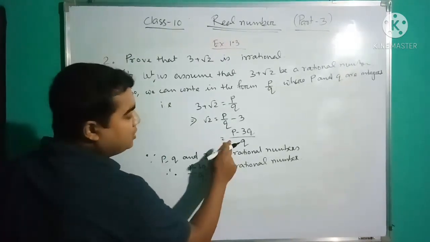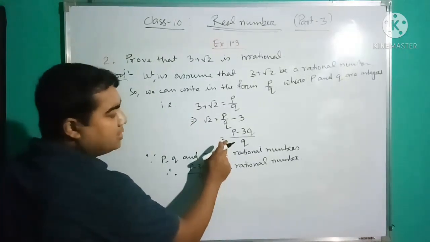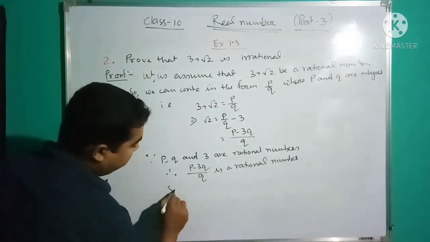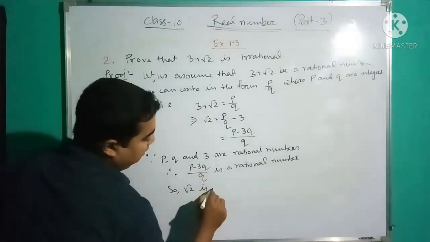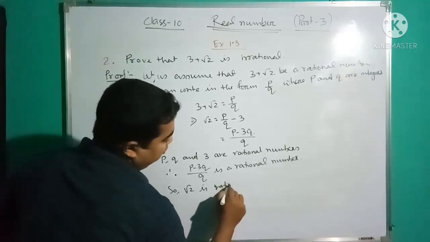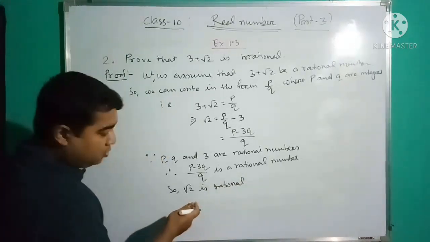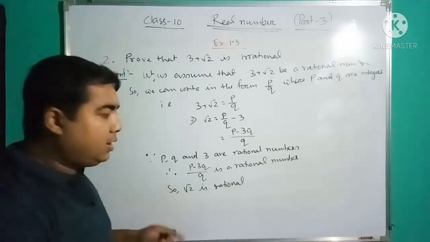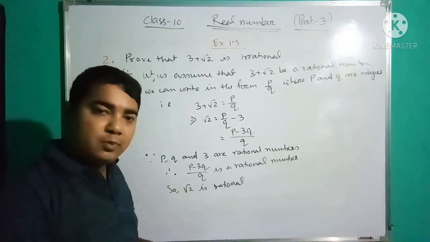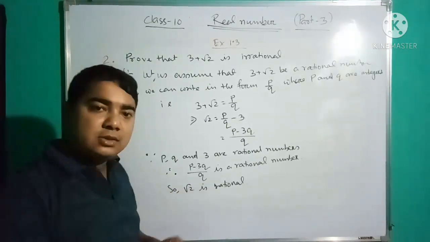See, I derived root 2 equals this expression, so left hand side and right hand side are equal, so root 2 is rational. Root 2 is rational. Is it true? We already proved root 2 is an irrational number, but I wrote root 2 is a rational number.